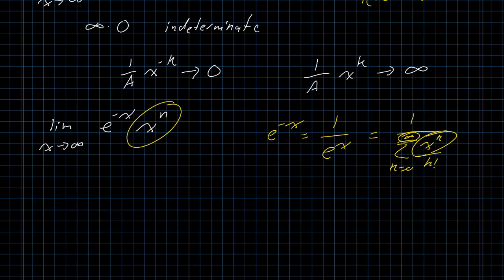So this is going to go to some 1 over x to some other power. I'll call it alpha. It doesn't really matter. Which is going to tend towards 0.